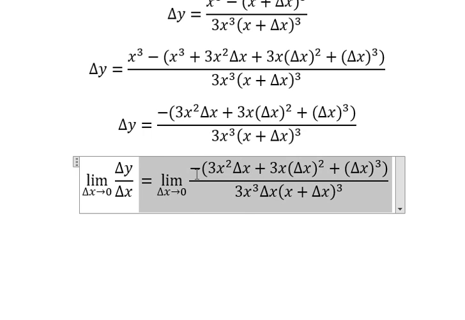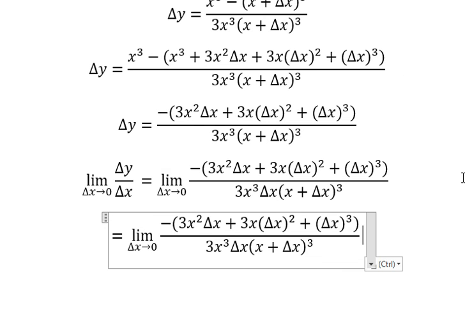Next, delta s divided by this one, and this one.